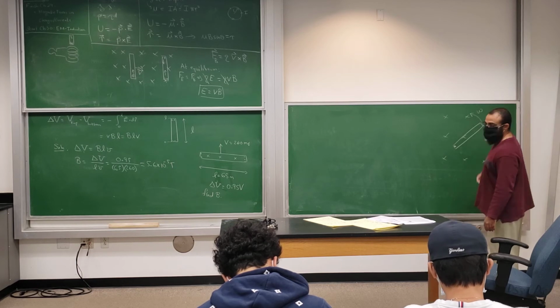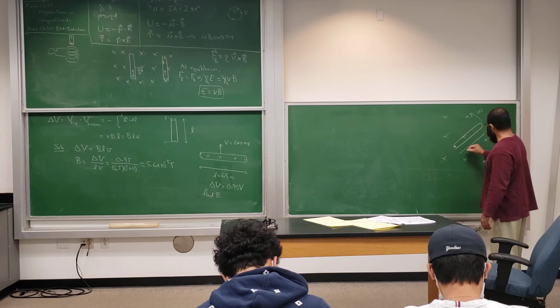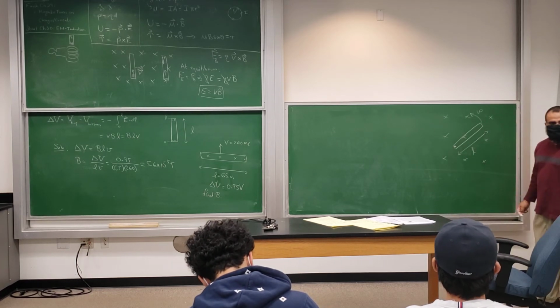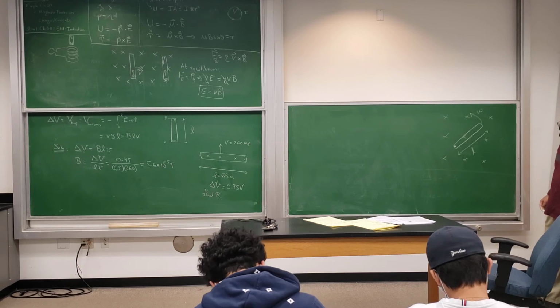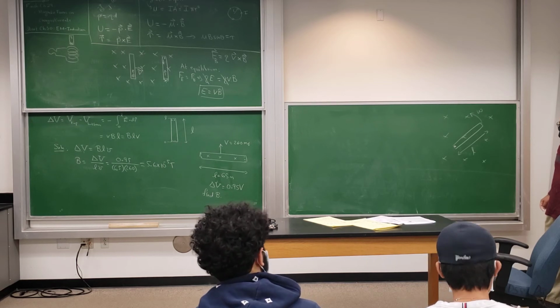It is rotating at an angular velocity omega, and the rod has length L. So first, which side would be positive and which side would be negative?